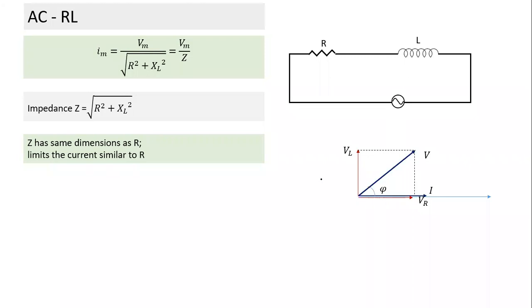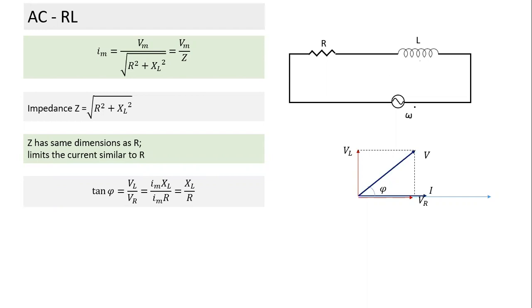So how do we find tangent phi here? Tangent phi is equal to the amplitude of voltage across inductor divided by the amplitude of voltage across resistance, VL by VR. That's tan phi. And VL is Im into XL, and VR is Im into R. It becomes XL by R. So in an inductor, if I know the value of L, and the omega of the source used, I can find XL.